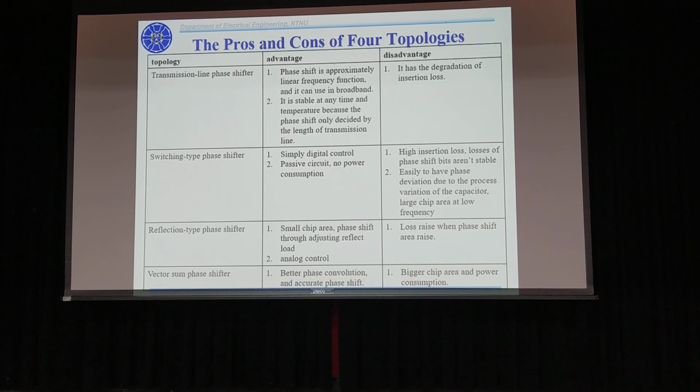According to our design considerations, we need a small chip size, low power consumption, and digital control phase shifter. So this time we choose the switching type because of its intrinsic digital phase control mechanism, zero power consumption, and its better dynamic range. So the topology is easy for implementation.